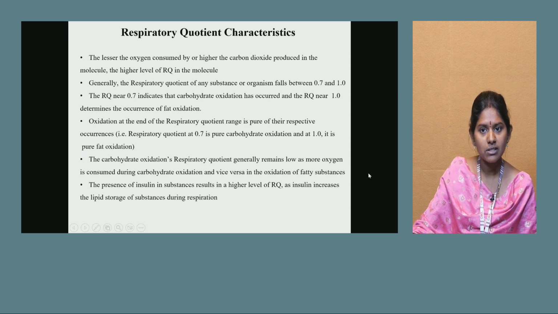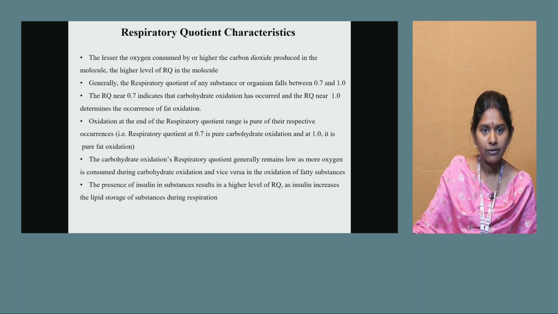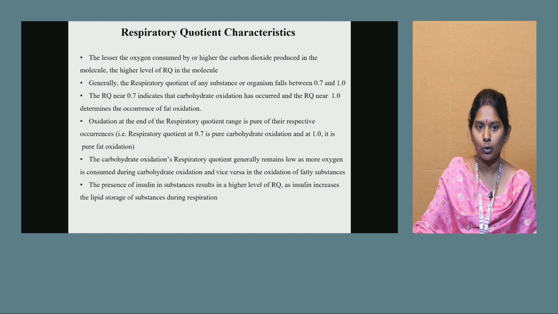If the respiratory coefficient is nearer to 0.7, it indicates that carbohydrate oxidation has occurred, whereas if the RQ is nearer to 1, it indicates fat or lipid oxidation. If the respiratory coefficient is exactly 0.7, it is pure carbohydrate oxidation, and if it is exactly 1, it is pure fatty acid oxidation.